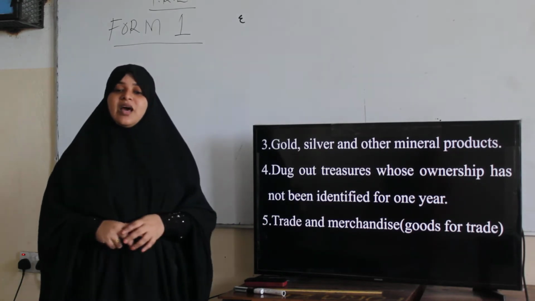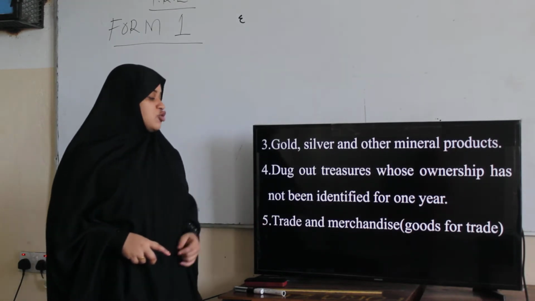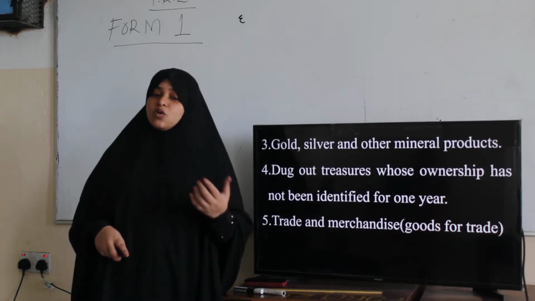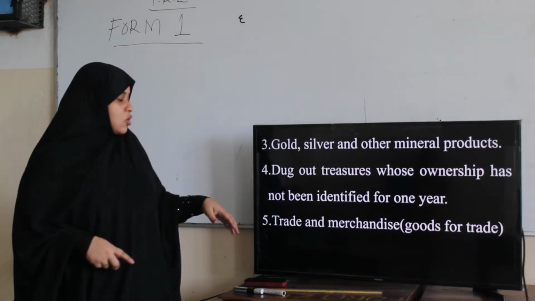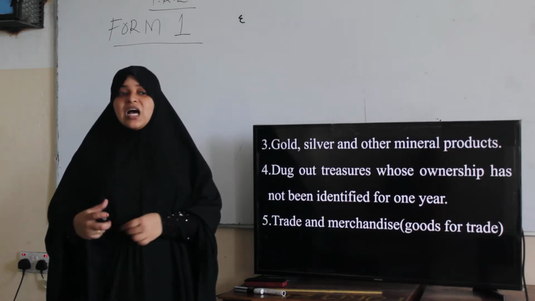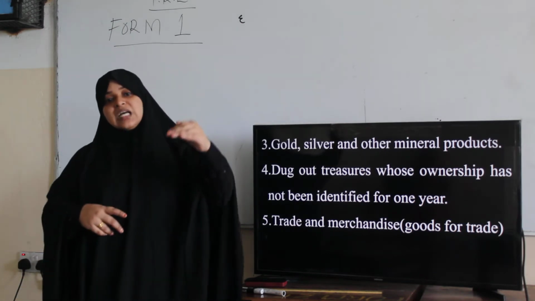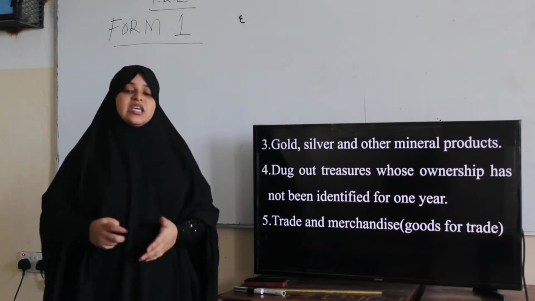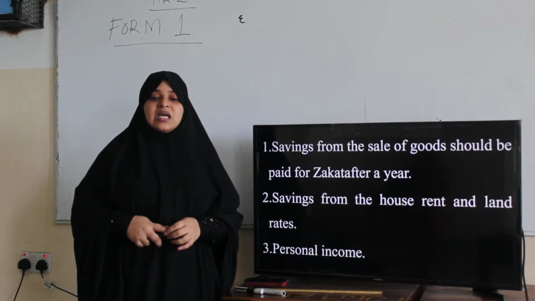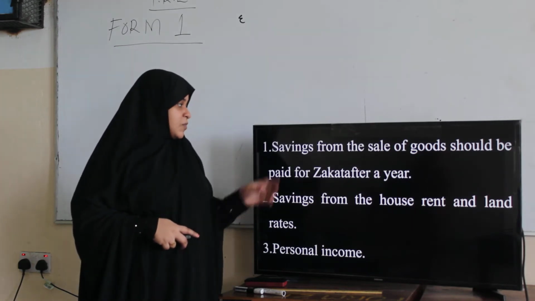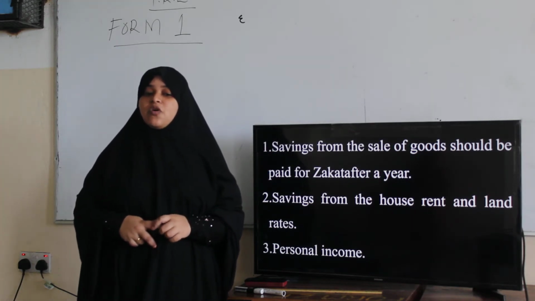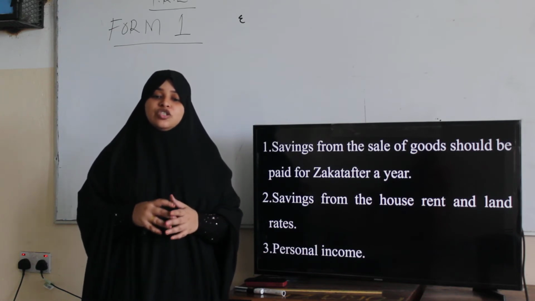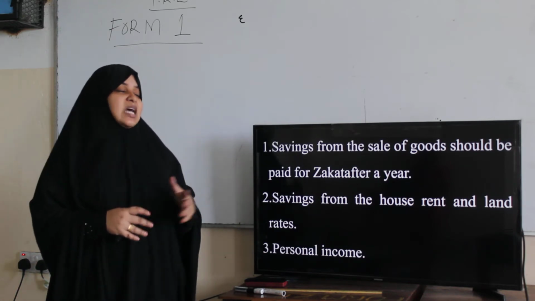Then another item is trade and merchandise, that is goods for trade. If you have goods and it has reached nisab, then you can give them out as zakat. Then we have savings from the sale of goods, which should be paid for zakat after a year.